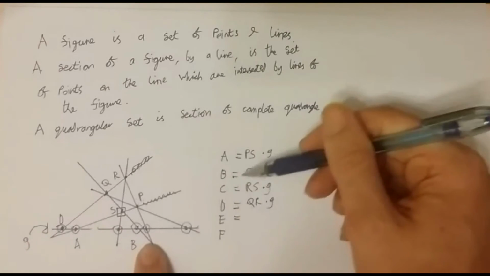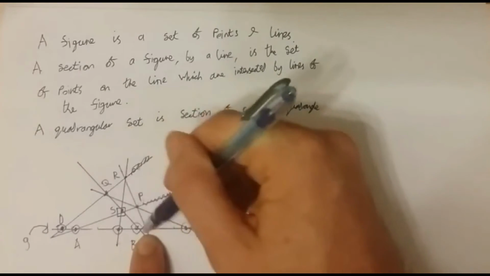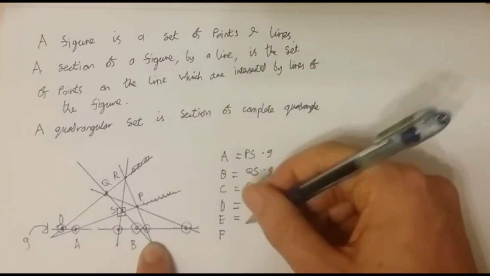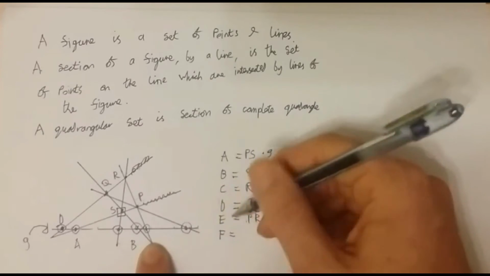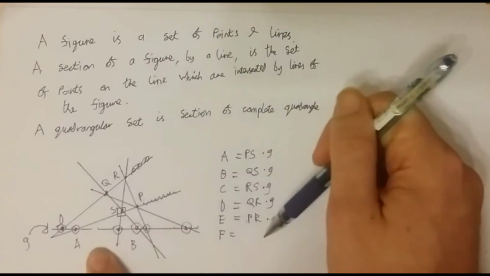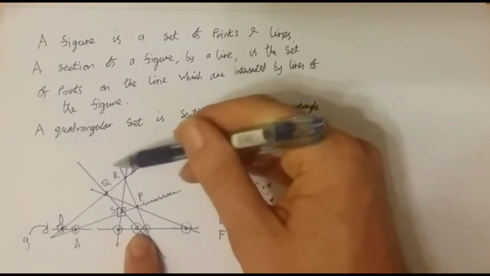And similarly, to find E, we look at B, which is this one here, and we get this one here, which is PR dot G. And F, C is RS.